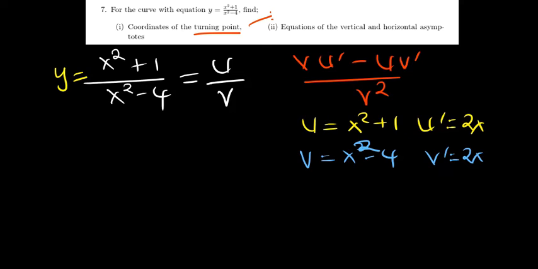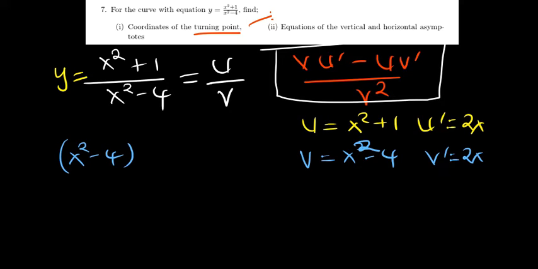Now let's substitute the function in to determine the derivative. Our v is x squared minus 4 multiplied by our u prime, which is 2x, as good as putting it in front, which I believe is better.